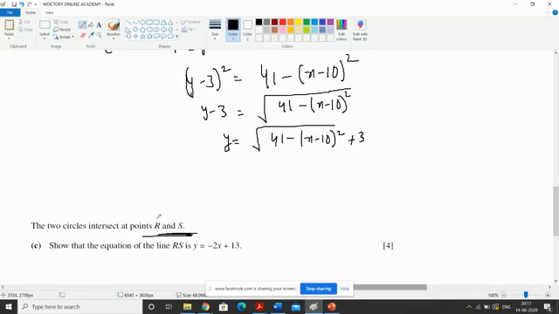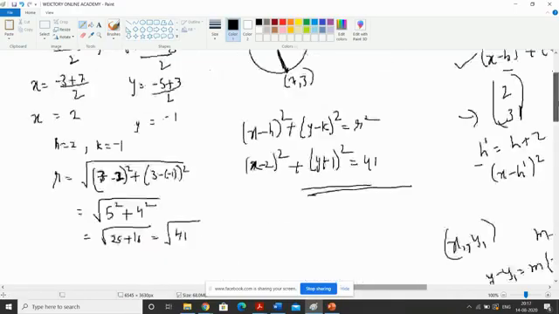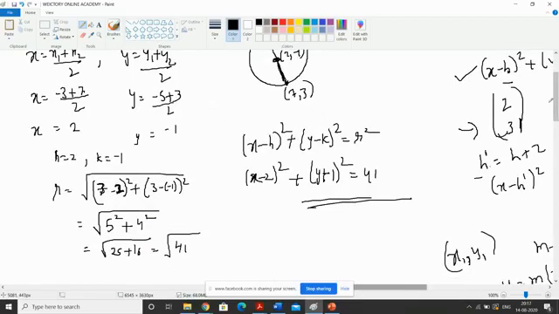You will get the coordinates R and S, and then using R and S we can find the equation of the line. Whenever we want to find the point of intersection of two curves or two circles, just equate both the y's and solve them. You can do it easily.